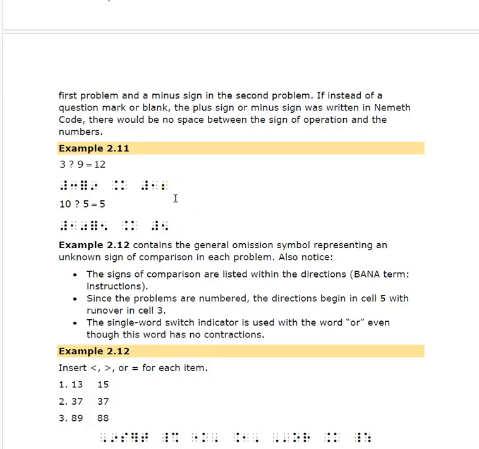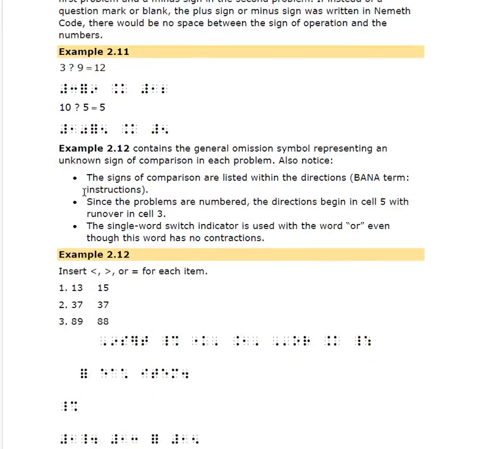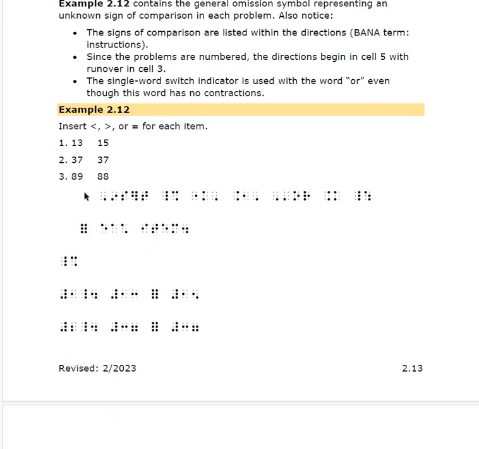If you have a blank for an operation, such as plus or minus, so this problem is trying to find out, what do we do? Do we add, subtract, multiply, divide? It says 3 question mark 9 equals 12. So they use that full cell again for the sign of operation. Okay.